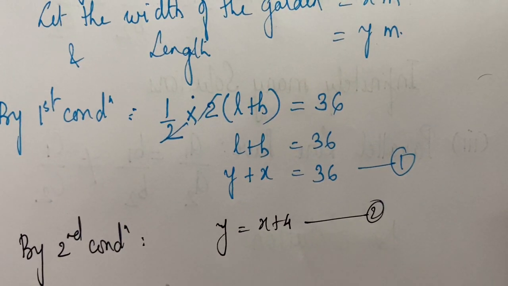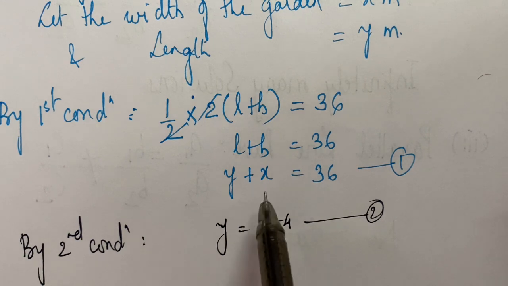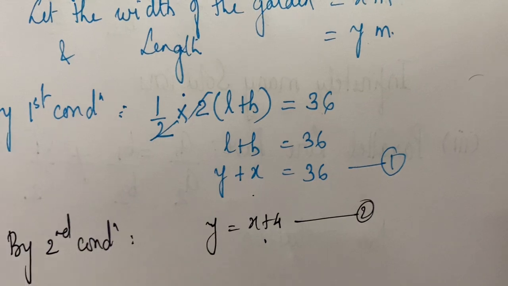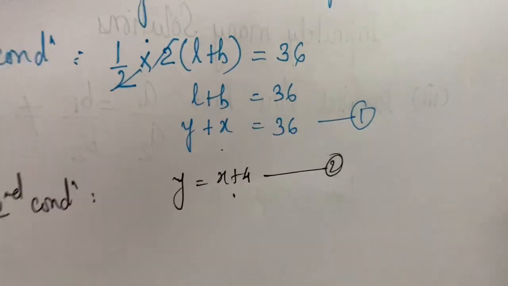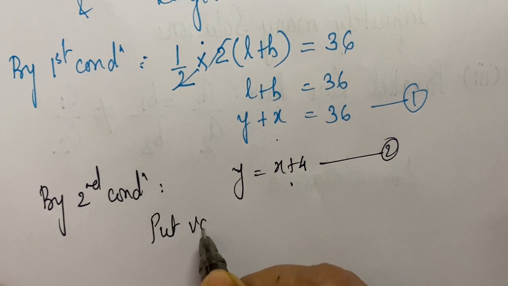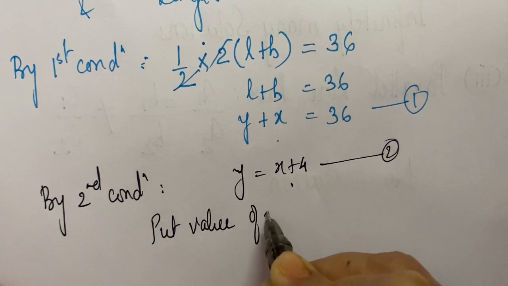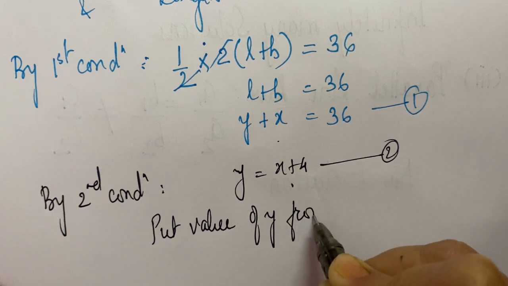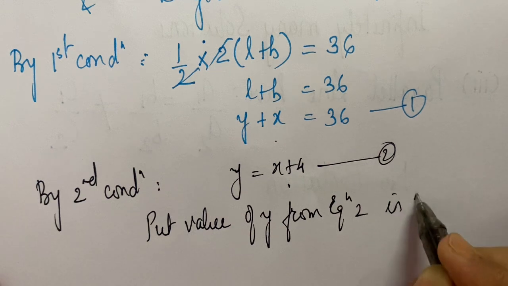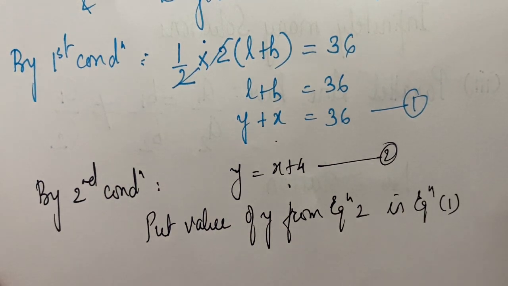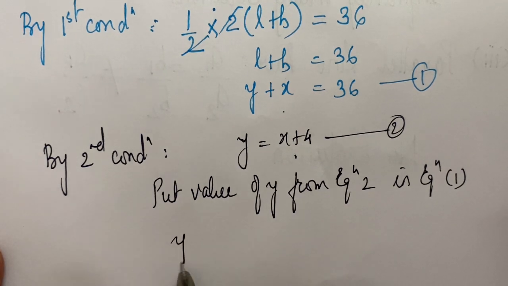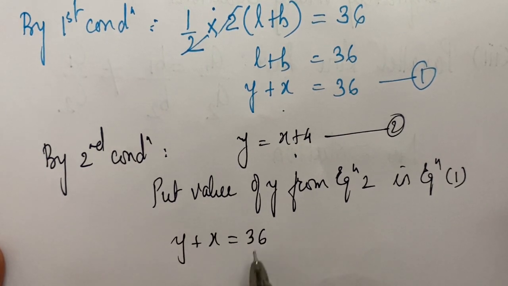Now what we are going to do is put this value of y from equation 2 in equation 1. Your equation 1 is y plus x is equal to 36.